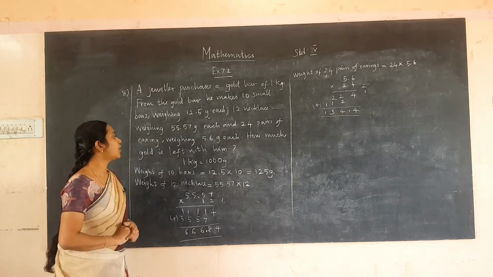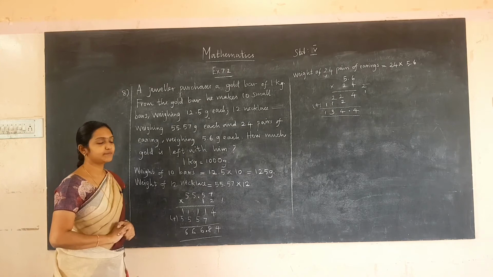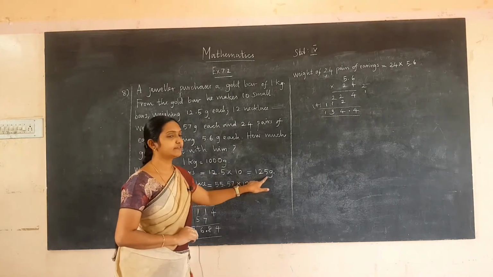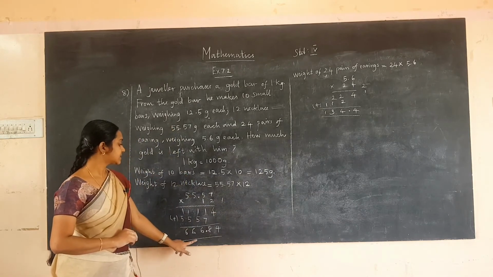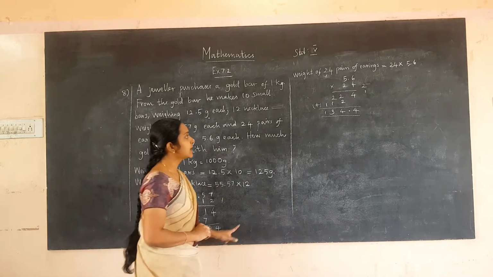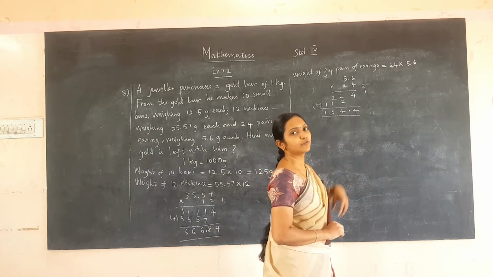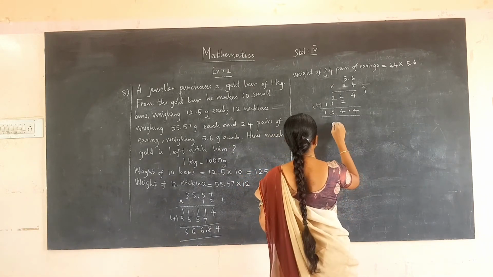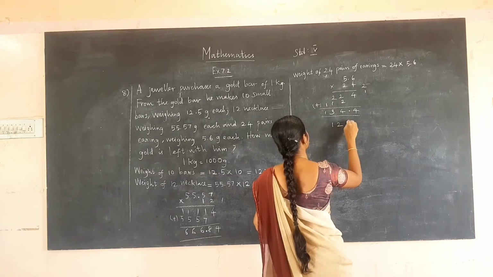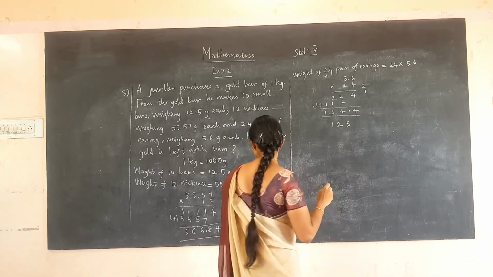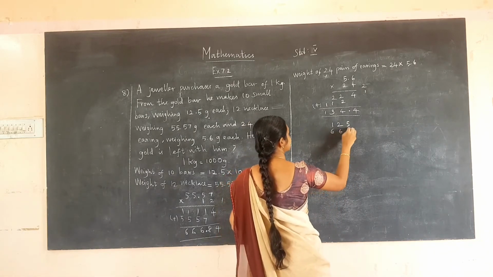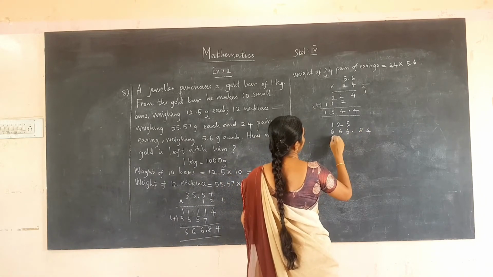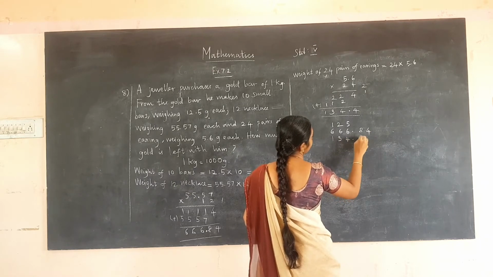Now we have to find how much gold is left with him. So we have to add 125 grams, 666.84 grams and 134.4 grams. All these are going to be added. 125, 666.84, 134.4.